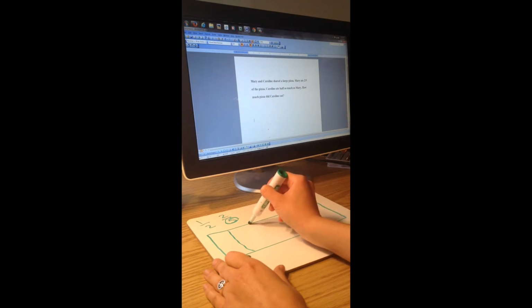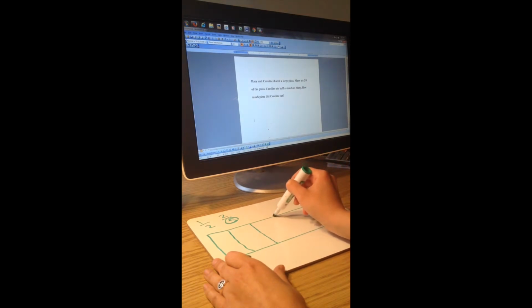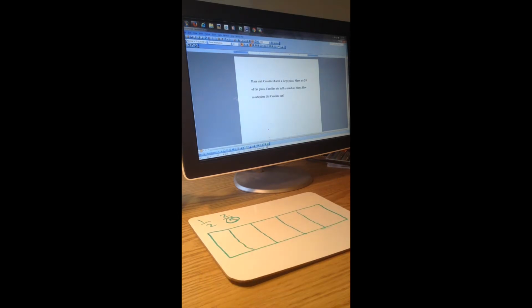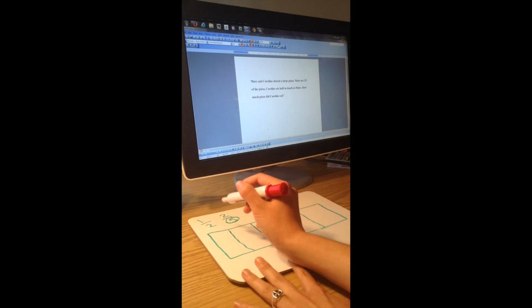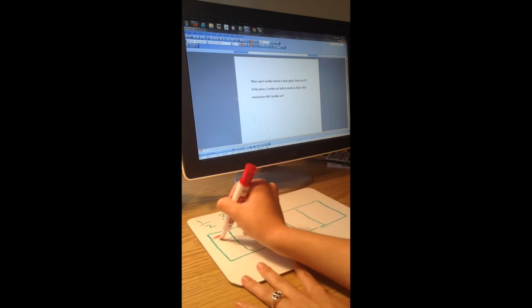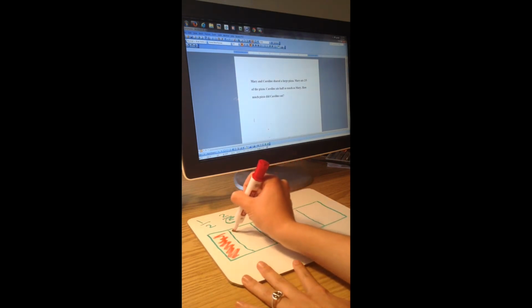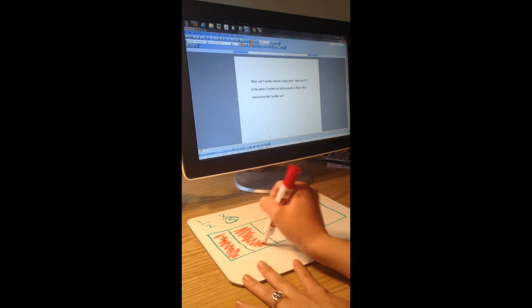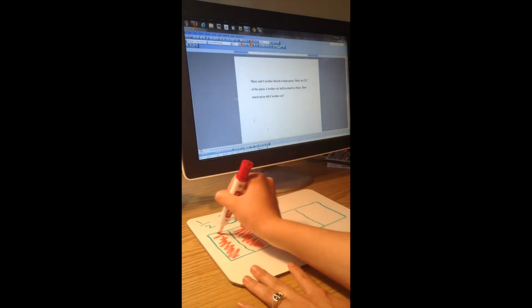1, 2, 3, 4, 5. There's our 5 parts, and it tells us that Mary ate 2/5. So we'll shade in 2/5. 1, 2. 2/5.